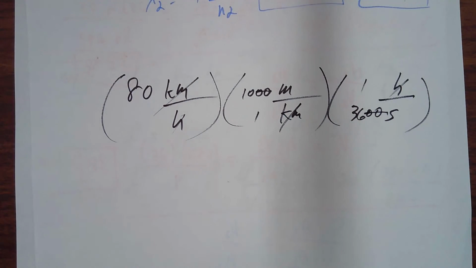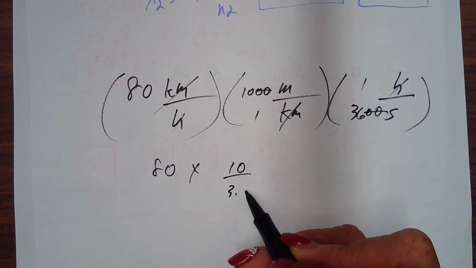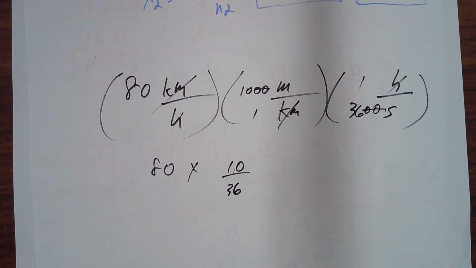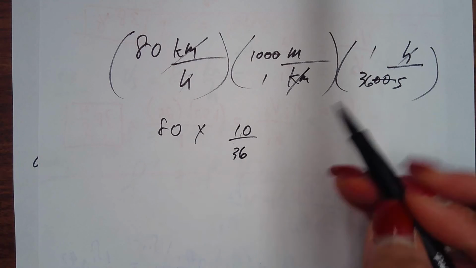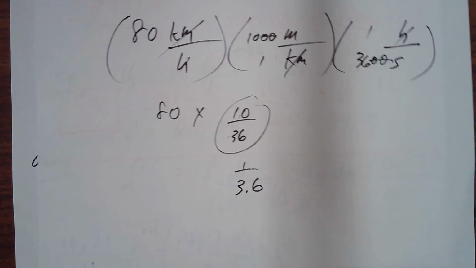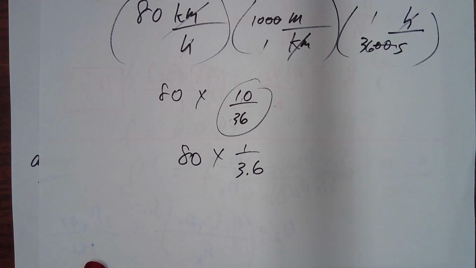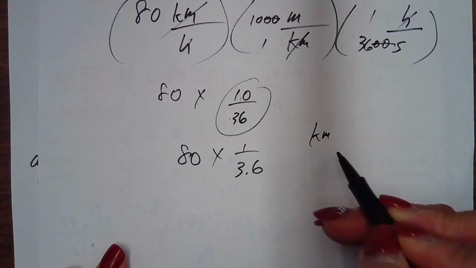Now look at this. I'm going to simplify this, and I cut out the 2 here, take out the 2 there. So you have 80 times 10 over 36. What's 10 divided by 36? This is basically 1 over 3.6, isn't it? So then you go 80 times 1 over 3.6.